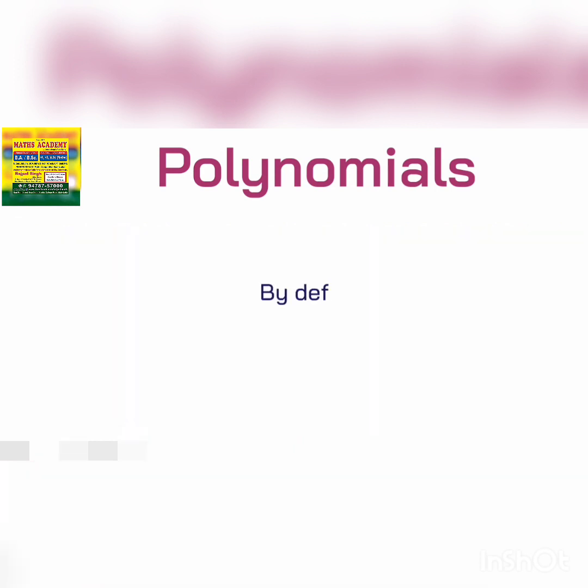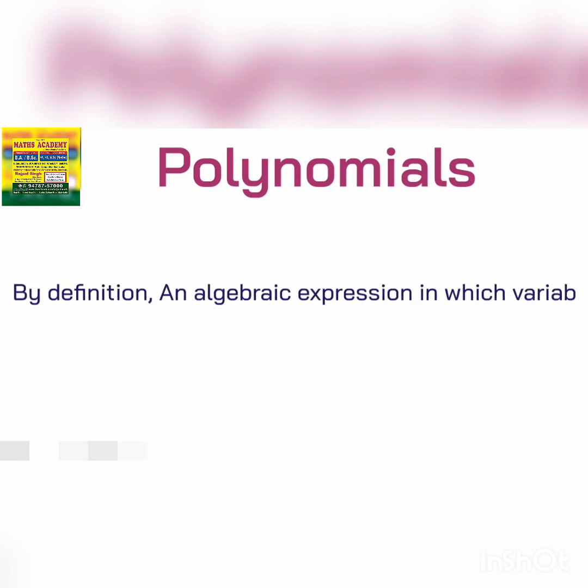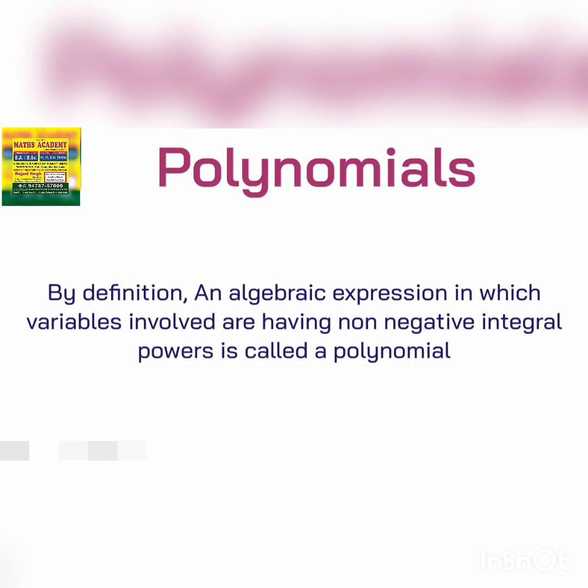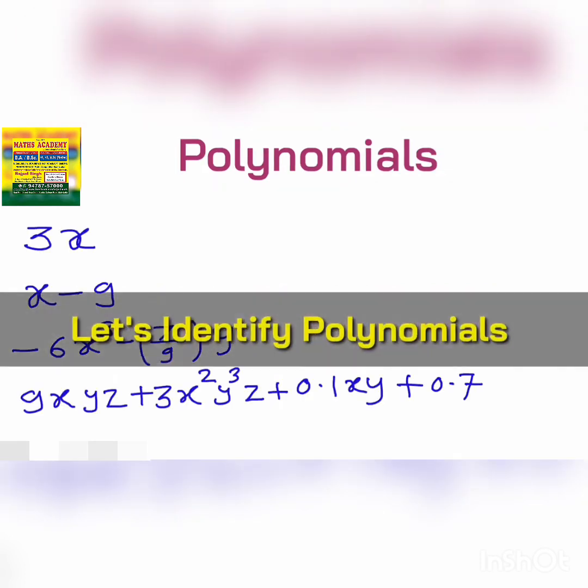Let's learn the bookish definition of polynomials. An algebraic expression in which variables involved are having non-negative integral powers is called a polynomial. I have a few examples on the screen.